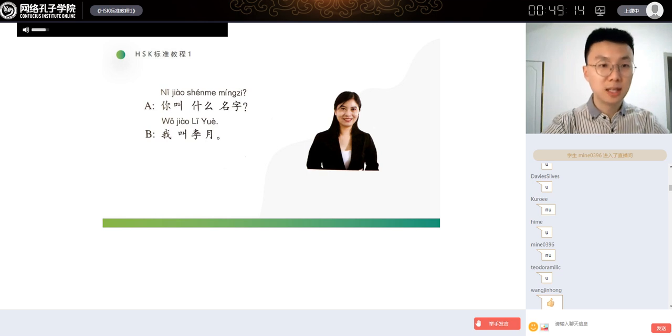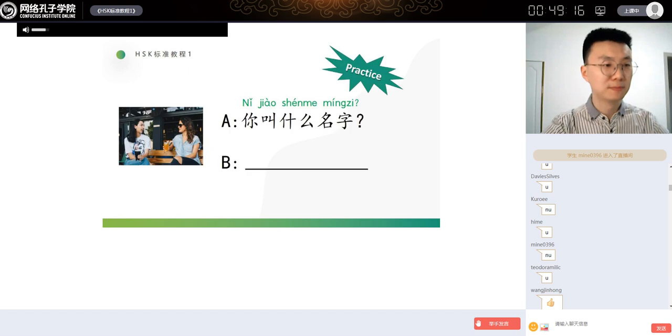好, this is 叫 and 什么. Very good. 好, let's do a practice. Let's answer the question according to the picture. Like A, 你叫什么名字? How to answer it? You can use your name to answer this question. 我叫王杰.